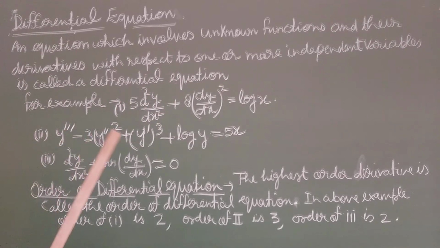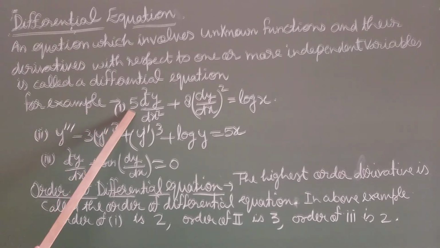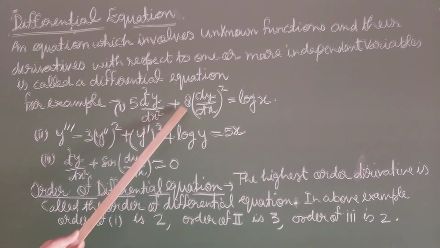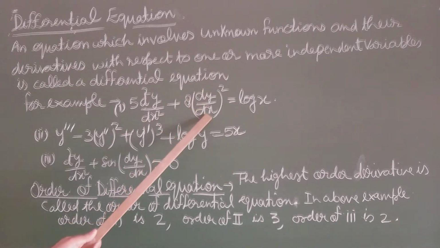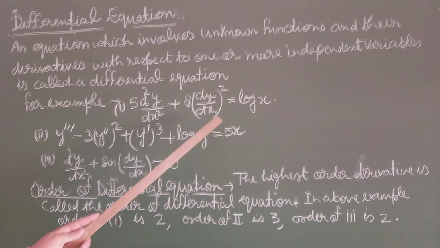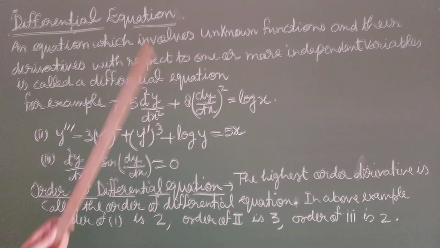For example, in the first example, you can see it is written 5 d square y upon dx square plus 8 dy upon dx whole square equal to log x. So there is a sign of equal to, that means it is an equation.